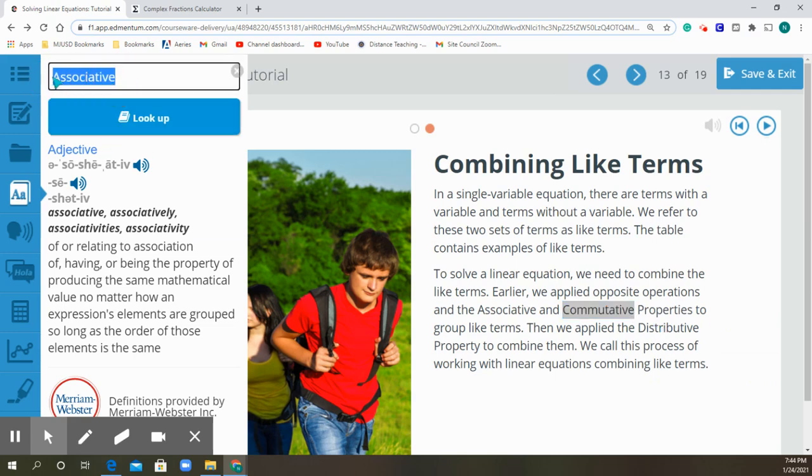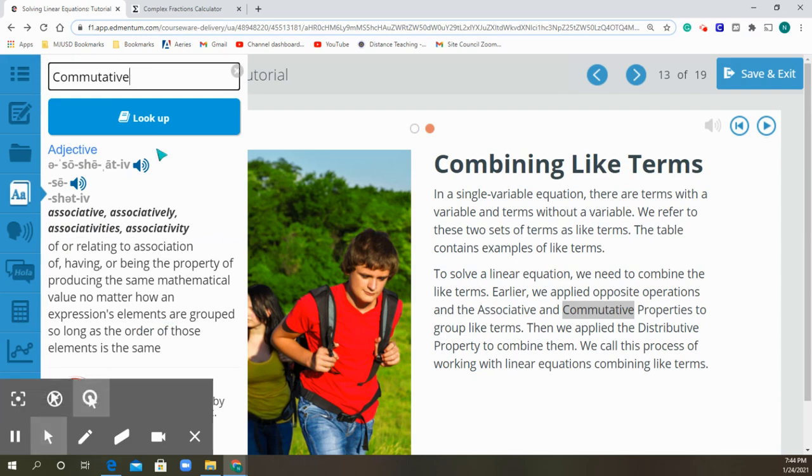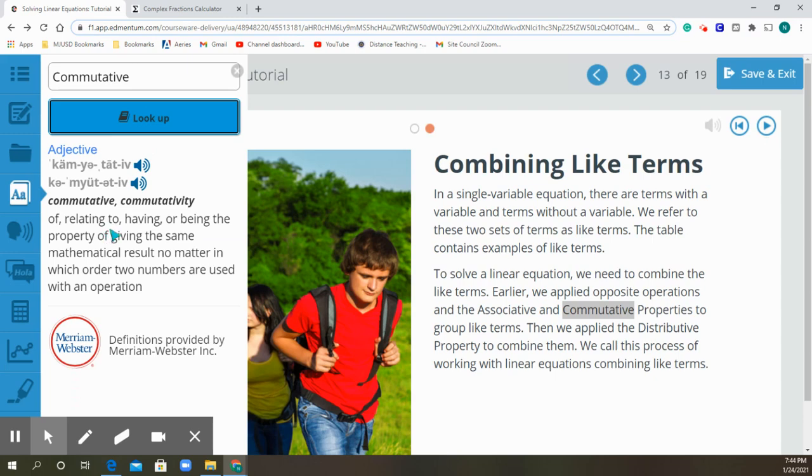And we did put these in our notes in an earlier lesson, but those notes don't save. So that's not very helpful. So having or being the property of giving the same mathematical result no matter in which order two numbers are used with an operation.